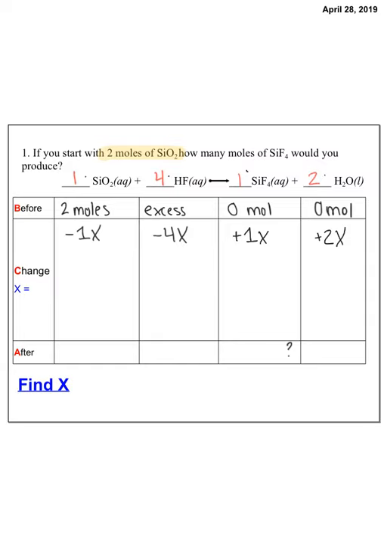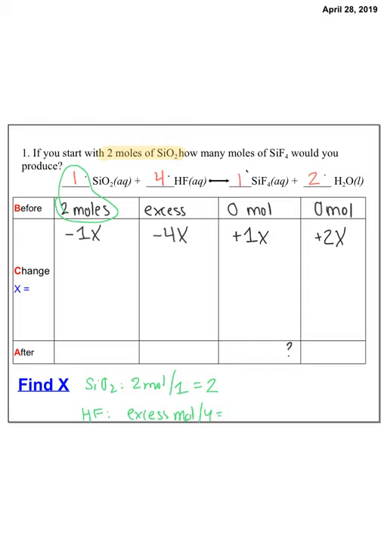So now we need to find our x, and the way we do this is we're going to take our before divided by the coefficient. So for SiO2, we're going to get 2 moles divided by 1, which is just 2. And for HF, we're going to get excess moles divided by 4.